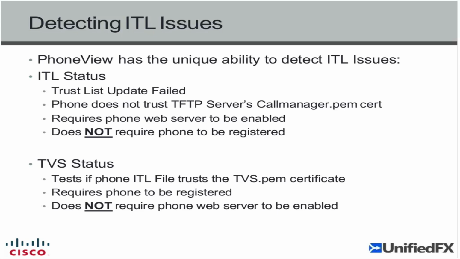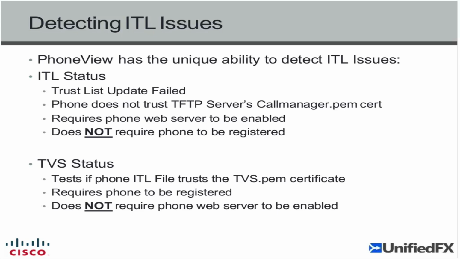One of the things we talked about in the last session was the recommendation to move from the default mechanism of ITL files to CTL files. One of the reasons why you'd want to do that is that, unfortunately, in the real world, we do sometimes see the ITL file get out of sync. That's fundamentally because it's self-signed certificates, those soft tokens, that sign them.